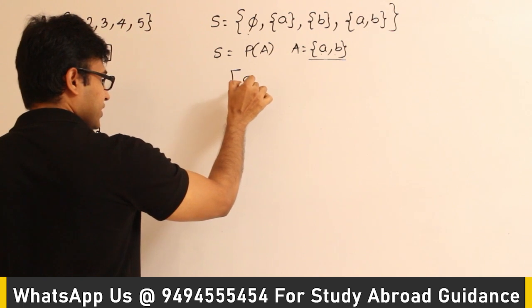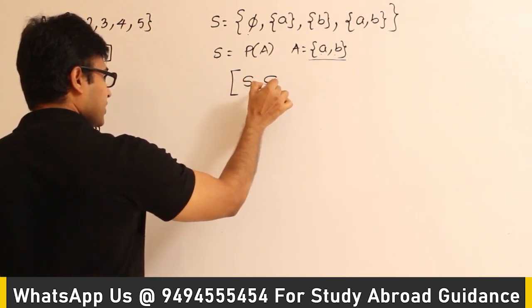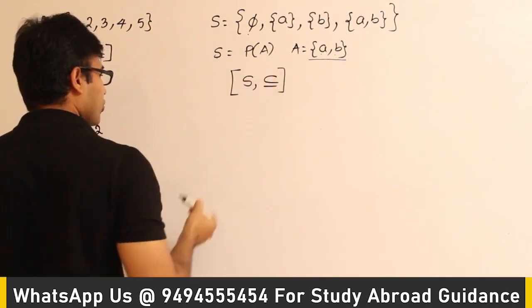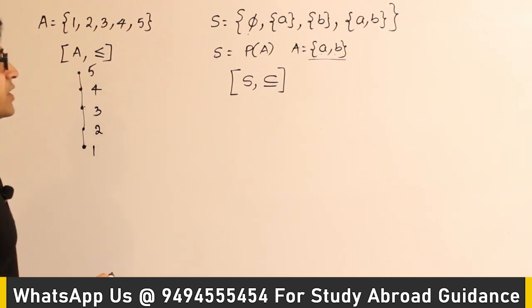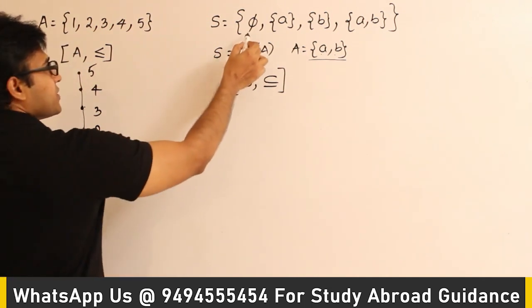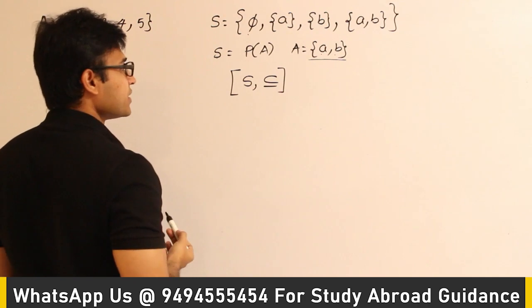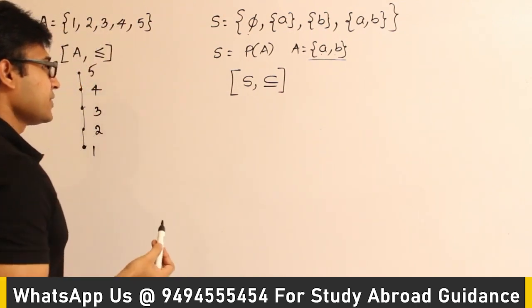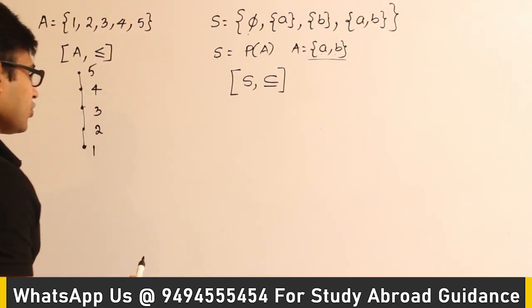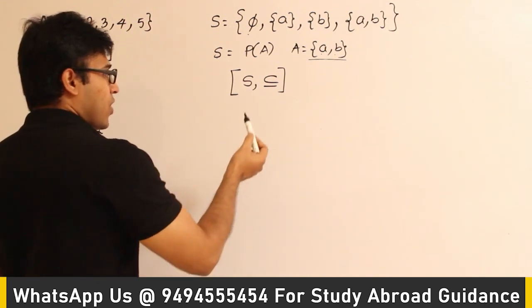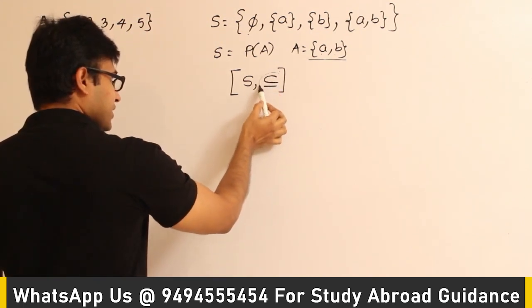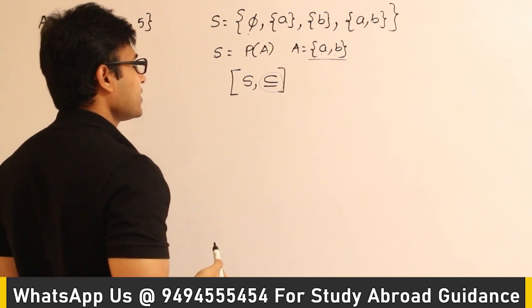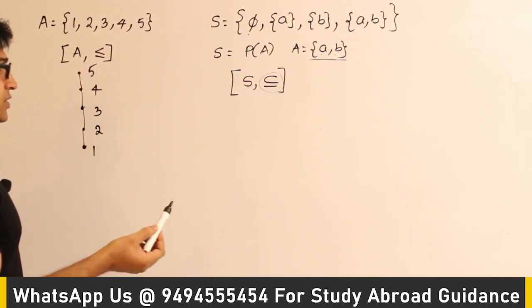Now let us define a poset. A poset should contain a set and a relation on that. Let's say the relation is subset or proper inclusion relation. If I take this particular set and this relation on this set, which is set inclusion, then I can say that it is a poset. Moreover, why is this a poset? Because this relation is reflexive, antisymmetric as well as transitive. You can check that.